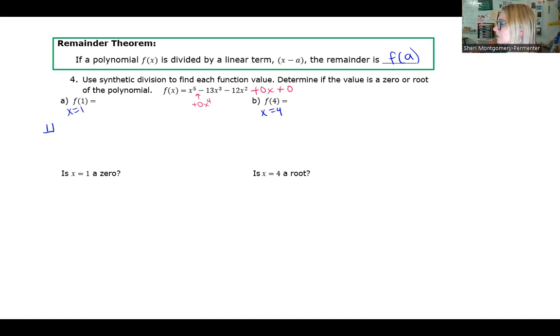Now, when I set up synthetic division, I only write the numbers. So it looks like the numbers I have are 1, 0, -13, -12, 0, and then 0. So it's quite a lot. So leave yourself enough space. And I can set up my next problem too.